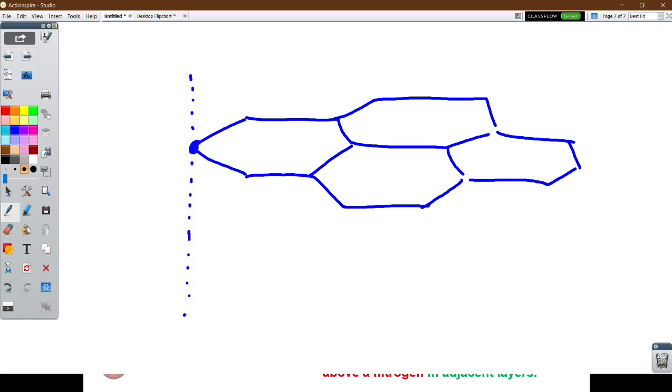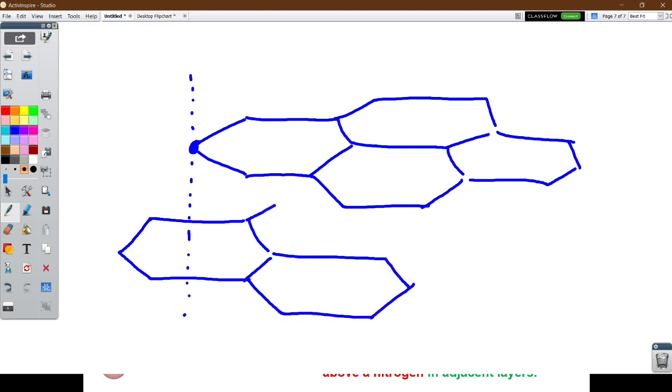It would be directly above the hole, if you like, in a hexagon beneath it. So that carbon atom there would be directly above the hole in the hexagon. So the layers in graphite are staggered compared to each other.